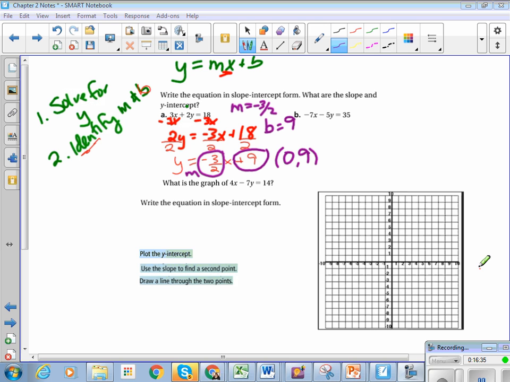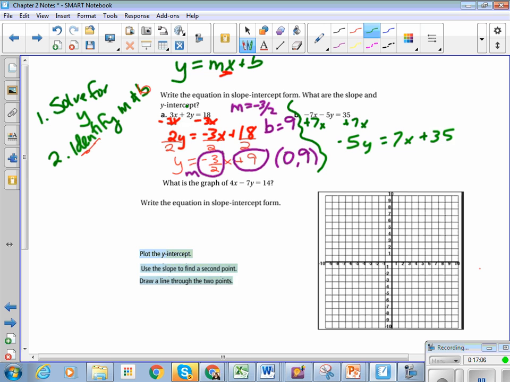All right, let's do this one more time just to make sure we got it. So we take our equation in B, negative 7x minus 5y equals 35. We are going to add 7x to both sides. We get negative 5y equals, I'm going to put the 7x in the front, he is positive, and I'm going to put 35 second.